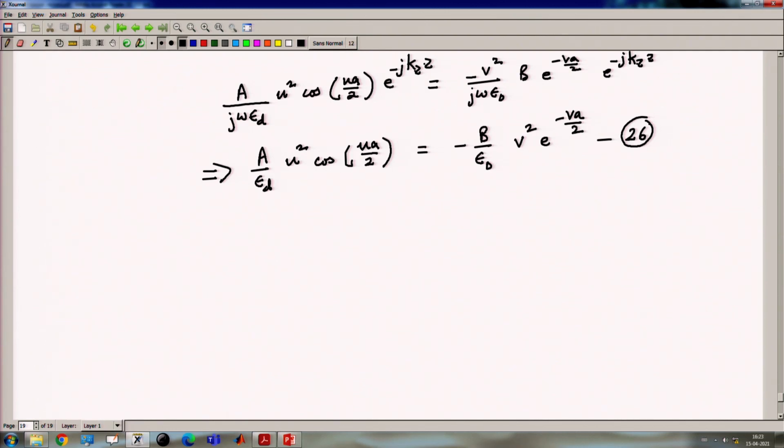At x equal to a by 2, we also have the equality of the tangential magnetic field components H y.